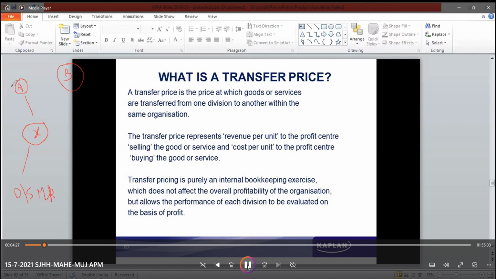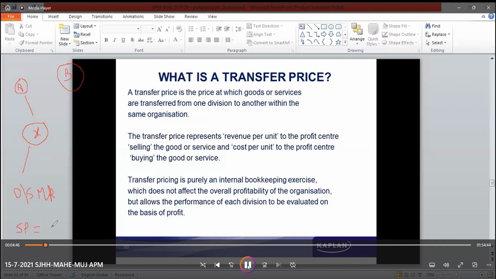Those are the parameters taken. So when they sell in the outside market, the selling price is cost price plus profit. They are selling the products at a profit margin.